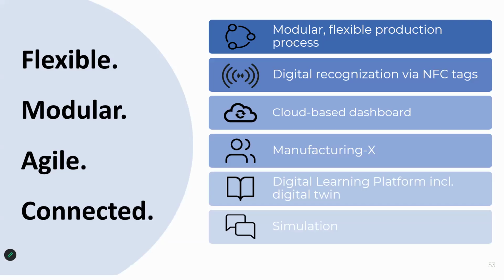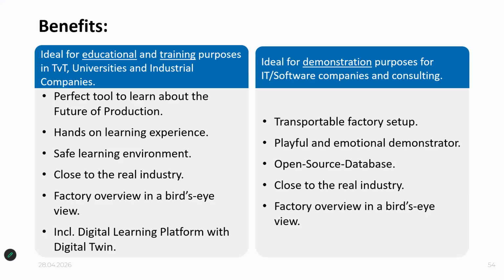Now, the APS model is the perfect tool to use in higher education. It's great for advanced CTE training, university labs, or for industrial training. It's an ideal tool for teaching about the future of production. It offers a hands-on learning experience. It provides a safe method for teaching these skills while also offering a tool that replicates, again, both in appearance and function, those types of things that would be used in industry.